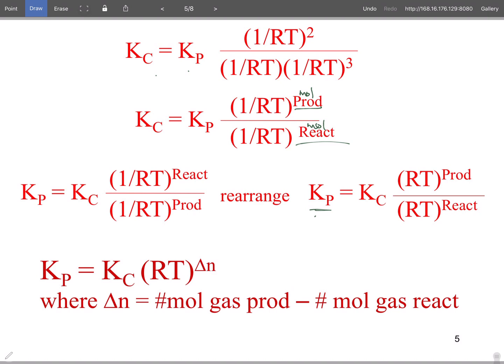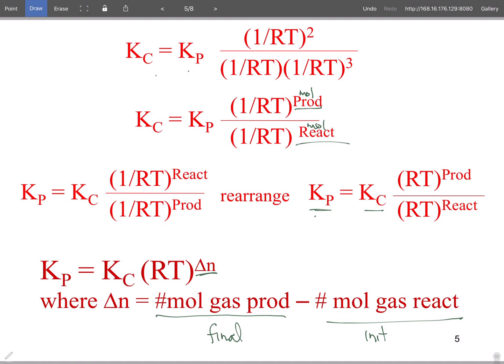Kp is equal to Kc times RT product over RT reactant. Then what that ends up being is delta n, because remember, delta n is product minus reactant, final minus initial, always. So we're looking at moles of gases in the product and moles of gases in the reactant. Now the trick is if you get a negative, you get a negative. If you get a positive, you get a positive.